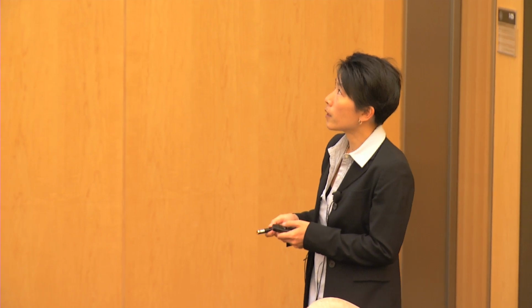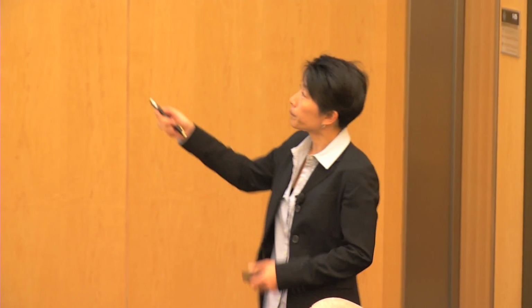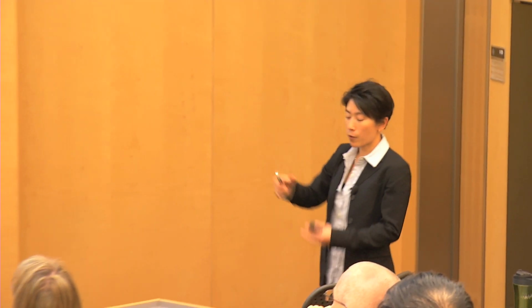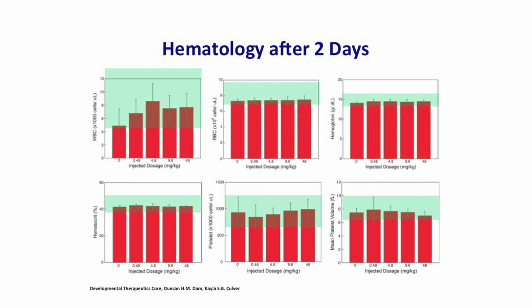So we did some blood work, and we have 3 female rats and 3 male rats, and you can see that within these green bars, the green is the acceptable level. All these concentrations of the particles that we looked at in the rats are within this acceptable level for hemoglobin levels, red blood cell count, the platelet count, and these other characteristics.